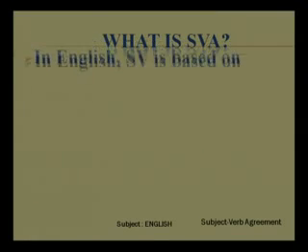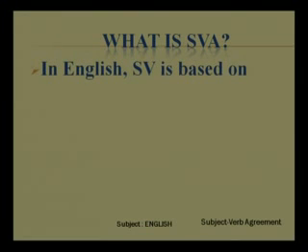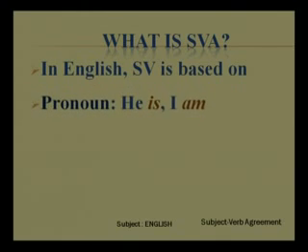In the same way in English, subject verb agreement is based on pronoun. He is my brother. I am a teacher. So with he you write is, with I you write am. When you have different pronouns, you will have different verbs.